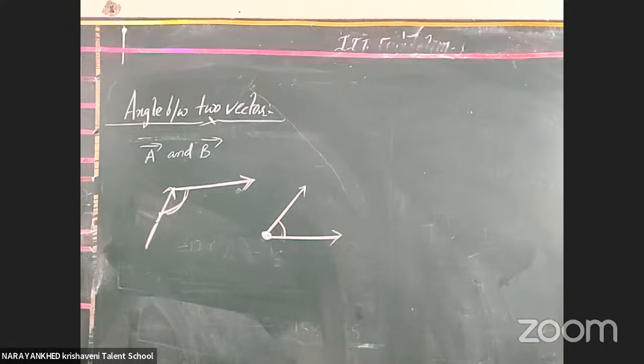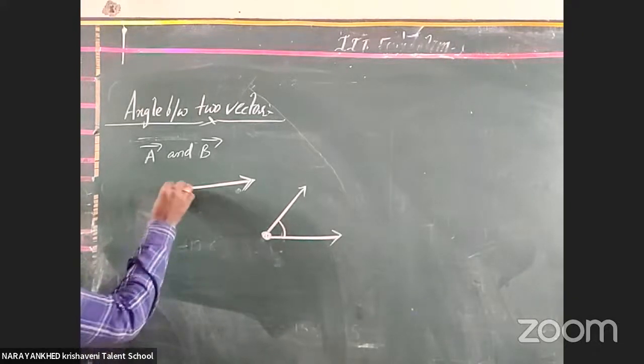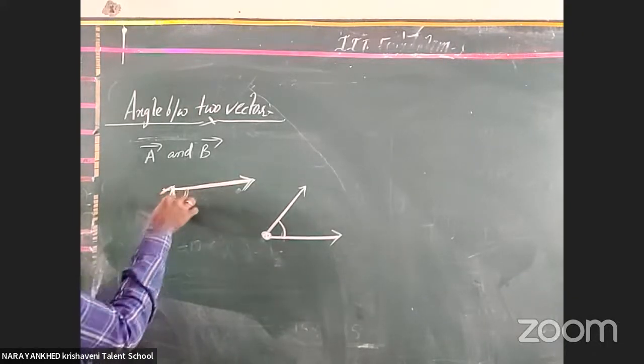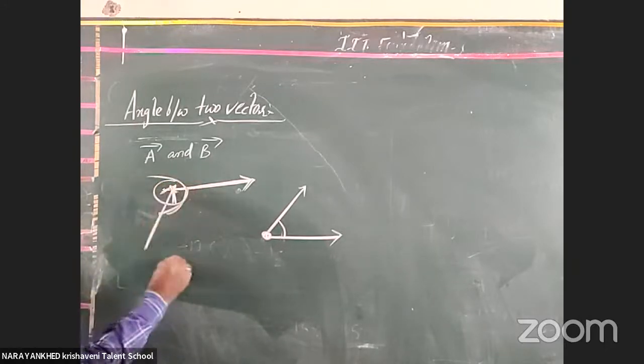Clear or not, all the students? This is the head of the vector, as you know well, and this coincides with the tail of the vector.